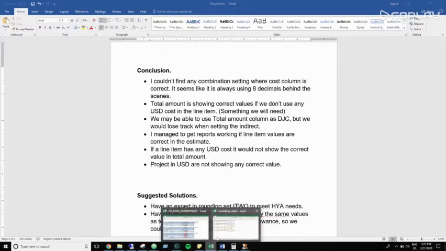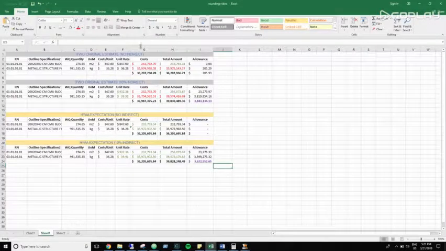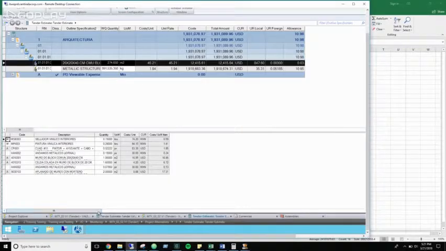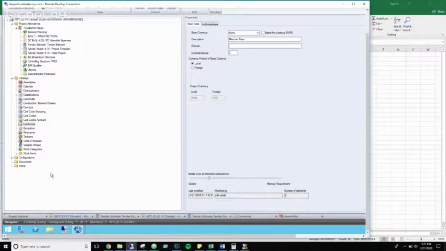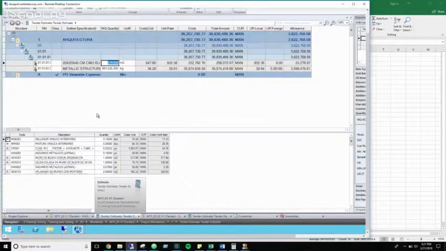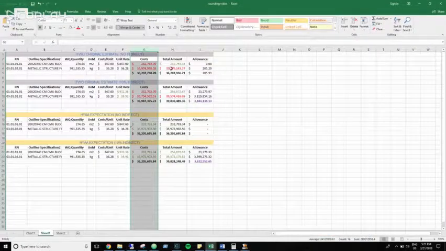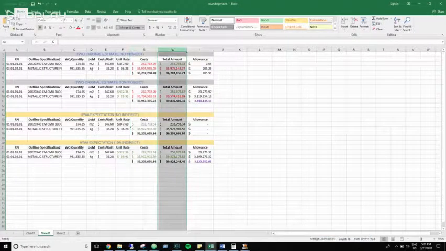So if I go back to the chart, we can see that the cost is always wrong, and I couldn't find any combination between the places I just told you. I'm aware we can change settings in a way that this column will get affected, because every time I change something, the only column that is affected is the total amount.